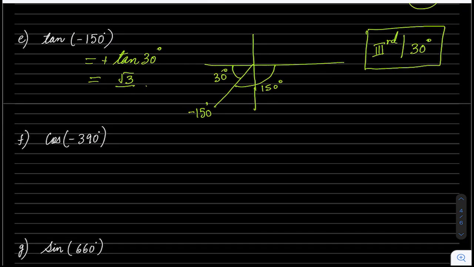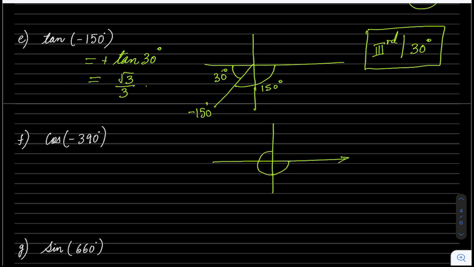Okay. Next is, now what happens is in year 1 and year 2 or SL, HL, IB, sometimes they will give you angles which are more than 360 or less than negative 360. So let me just give you one example. For example, minus 390. So it means start going in clockwise direction.